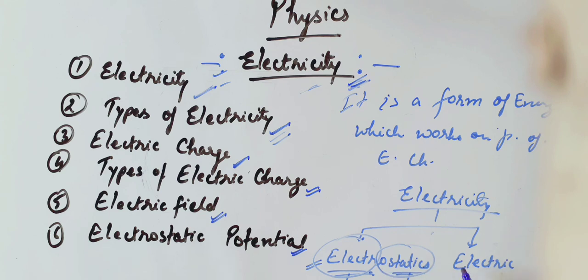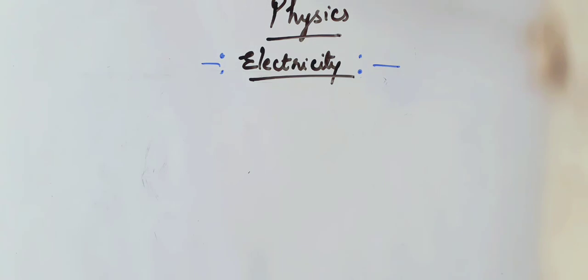So what is electric current? Electric means electric charge and current means motion. The rate of flow of charge is called electric current.